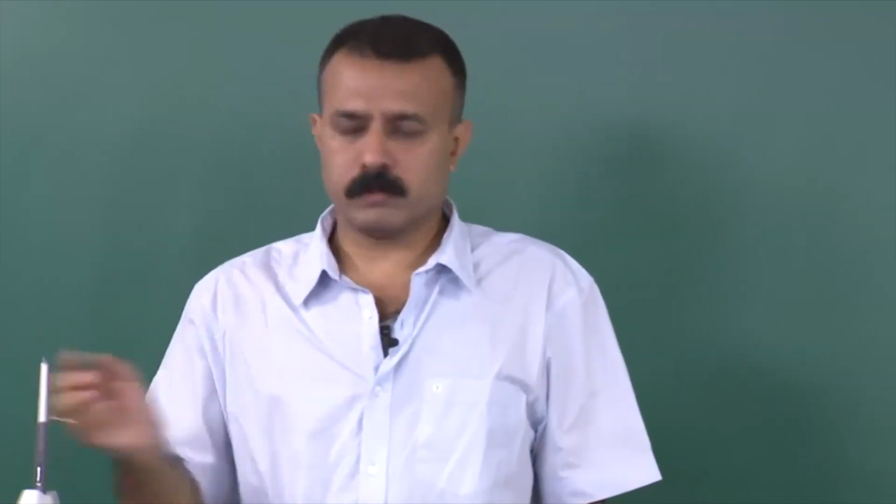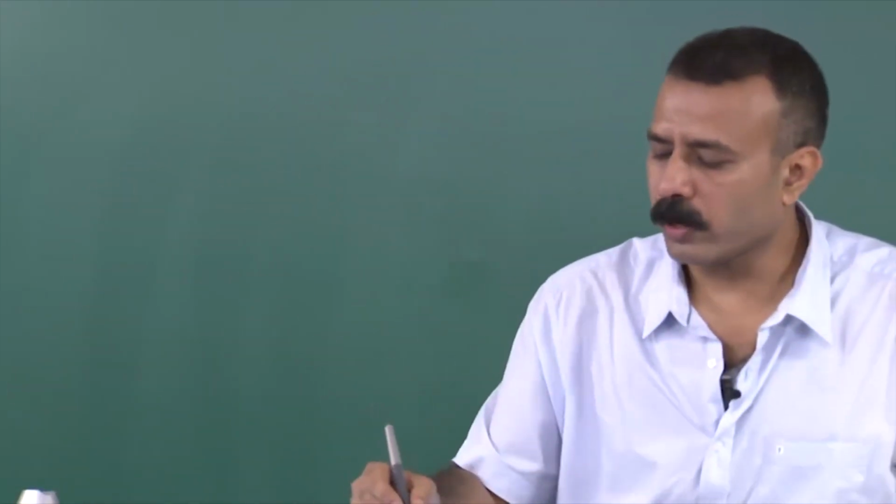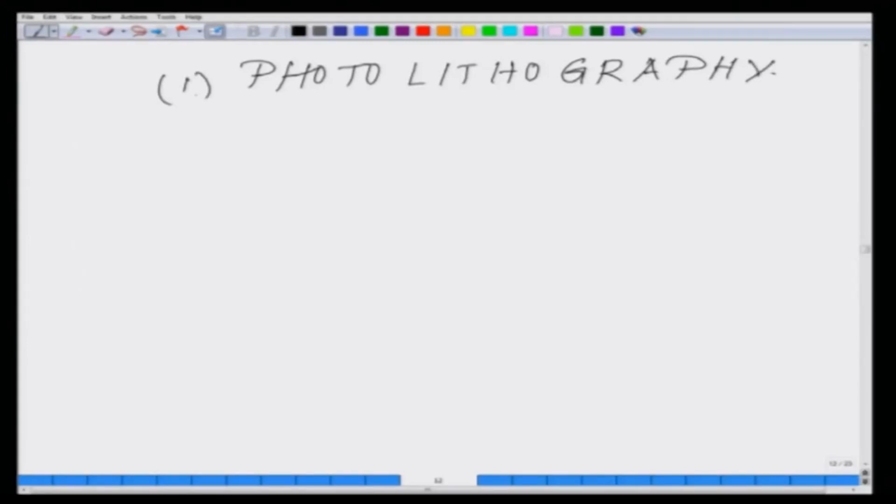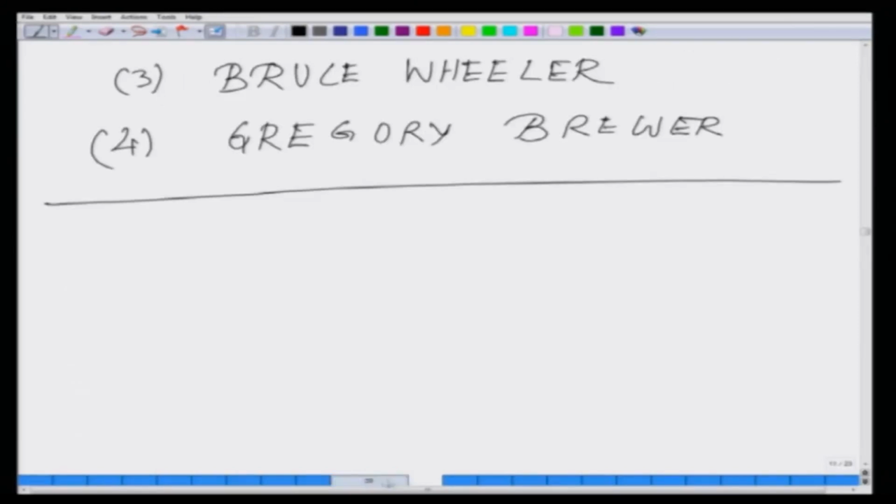So, the current status is like this. With this, you can go to the other end of the world. There are techniques being used in laser ablation, then there is something called photolithography, and you will find a lot of references in Professor Hickman's work on lithography, and in Professor Brewer's and Professor Kleinfeld's work, and of course Professor Bruce Wheeler's work.